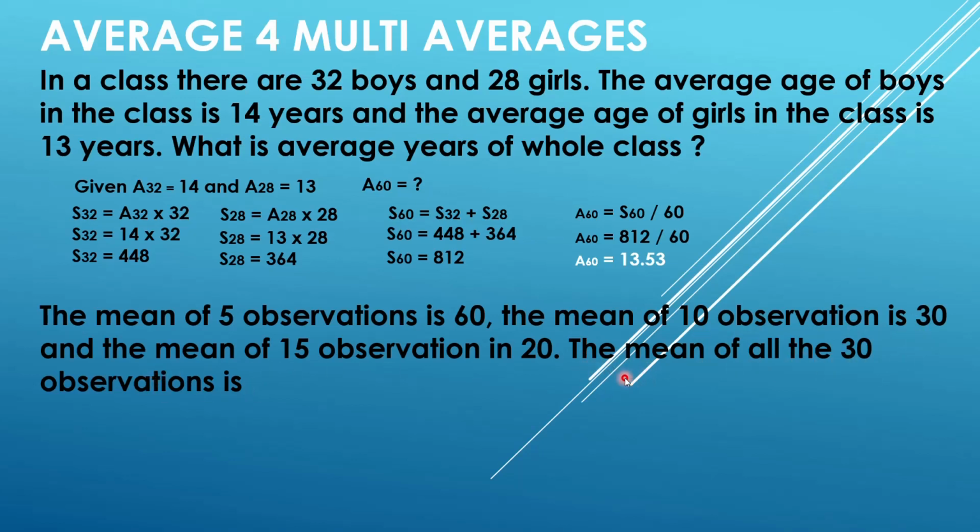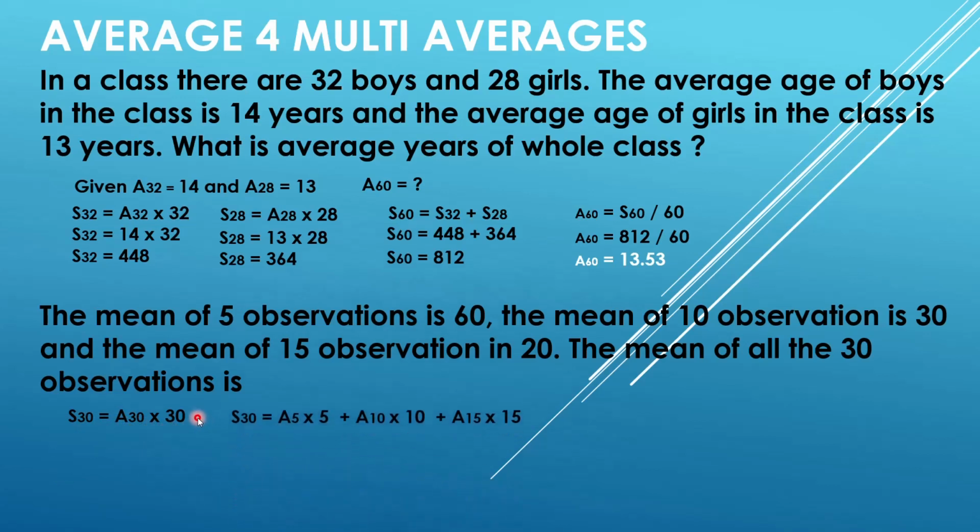So first what we need to calculate is S30. S30 is equal to A30 into 30 directly.